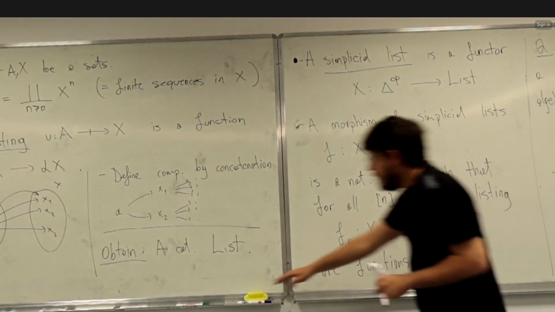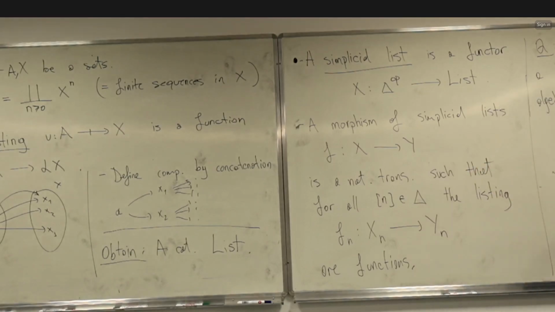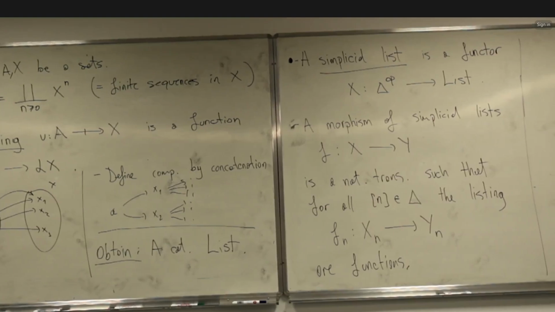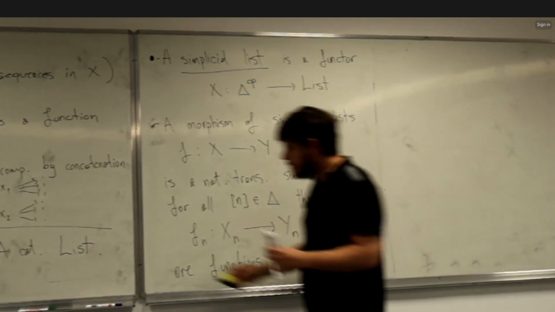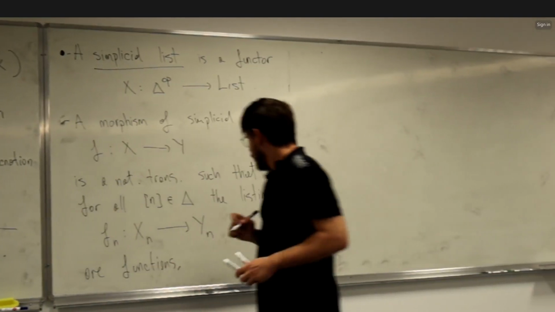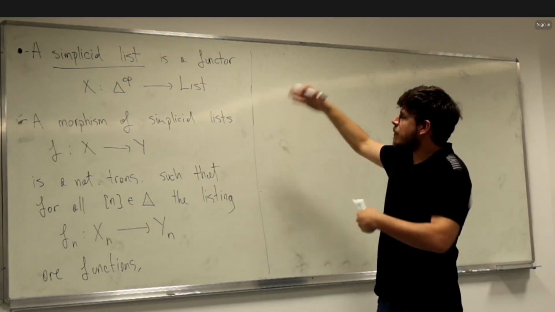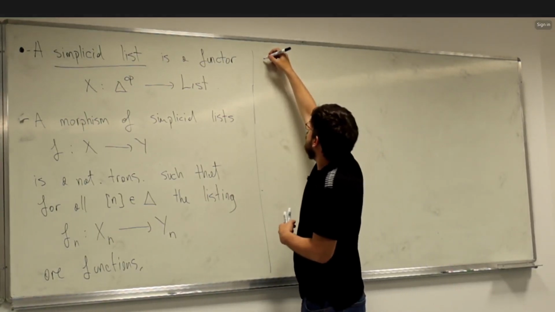Okay, and then to address the good point Özgün made, we are not interested, for purposes of operad theory, in all simplicial lists, but in a certain subcategory called operatic simplicial lists.